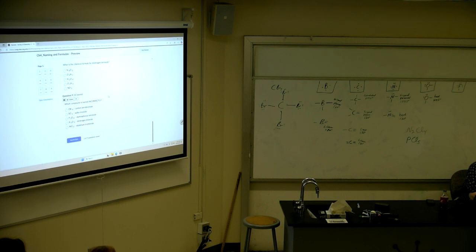Dinitrogen trioxide. The problem here with aluminum trichloride is that it's an ionic compound. So when you have all nonmetals, which A, B, C, and D here all have, then you name it this way we're doing. But we already went over naming ionic compounds for test one. That should just be aluminum chloride.